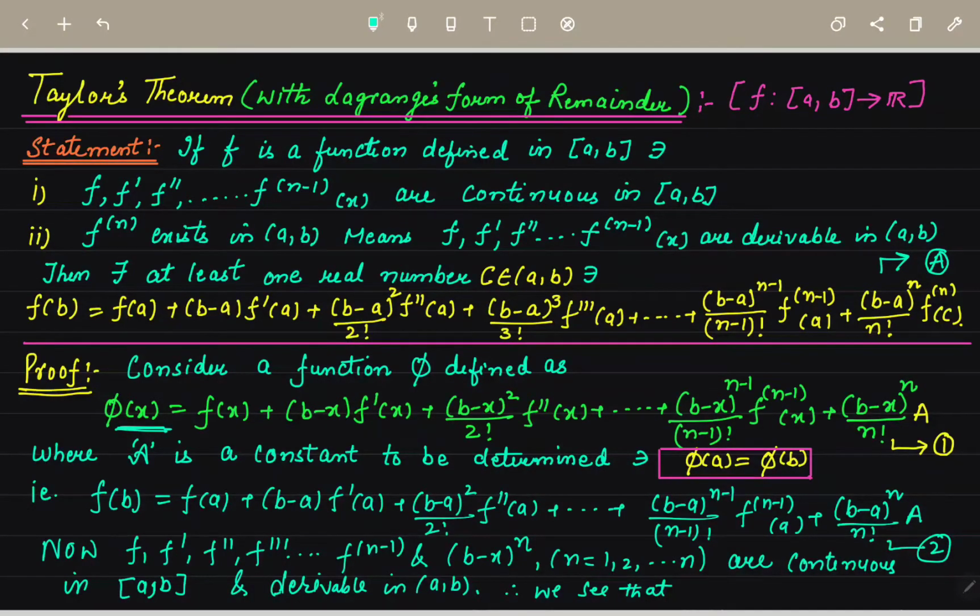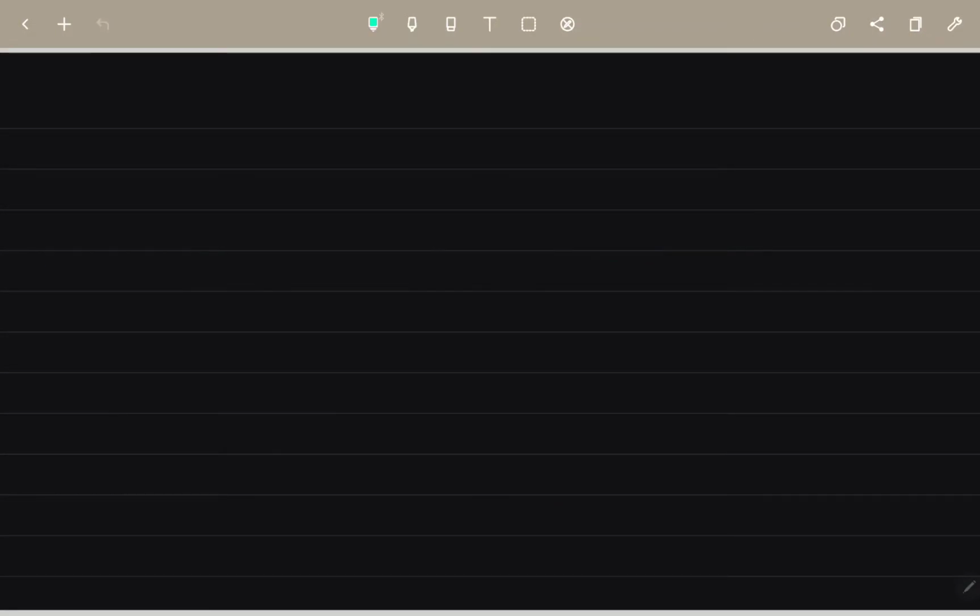I will write it on the next page. So we see that phi of x is continuous in the closed interval [a, b]. Similarly, phi of x is derivable in the open interval (a, b).